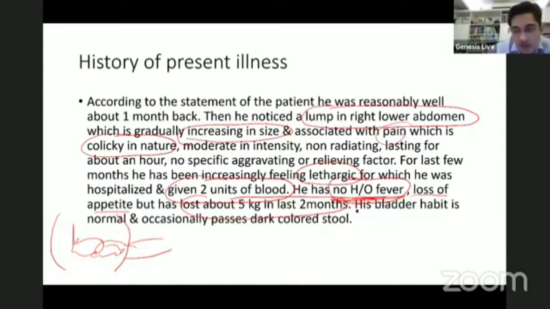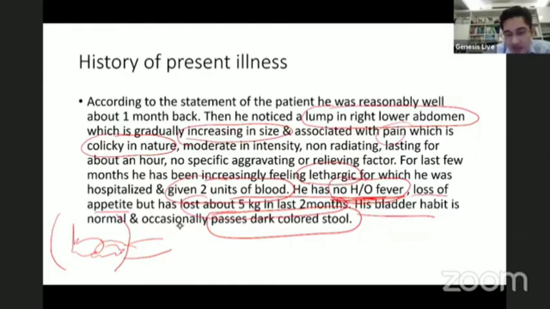Never forget to ask about the bowel and bladder habit of this patient. His bladder habit is normal, but occasionally he passes dark colored stool. So this is particularly important. Dark colored stool means the denatured blood, or chemically what the process that the blood goes through when it passes through the colon.